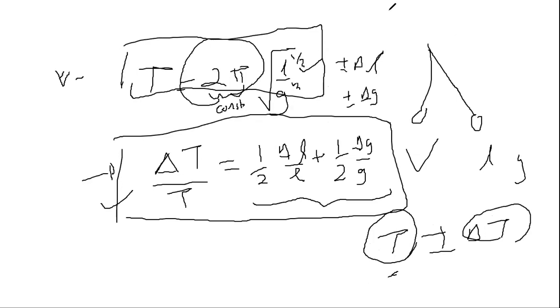Okay, another one, last one. Let's say you have a formula like this. I don't want to use T, let me put A and B, easier. A equals 5 root of B. What is the uncertainty formula for this?